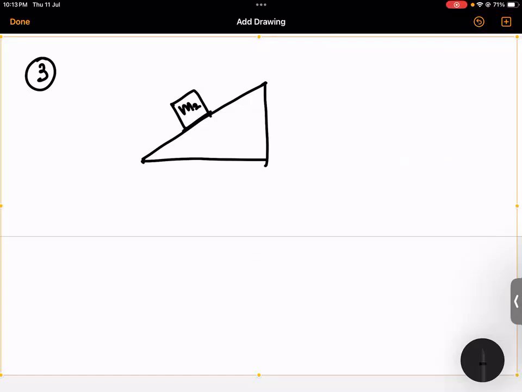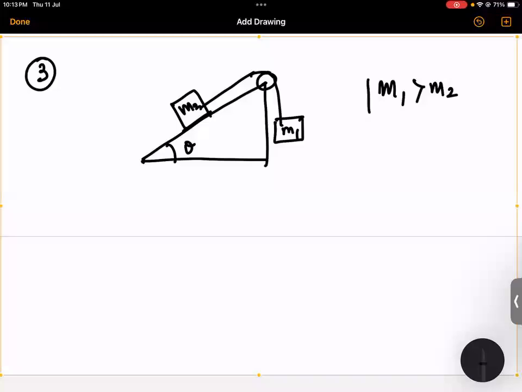Suppose this is an inclined plane on which M2 is kept, and over here we have kept a pulley, and this is M1. This is theta. According to the question, M1 is greater than M2. They have given M1 is greater than M2.